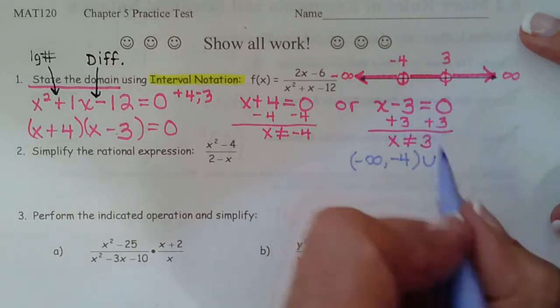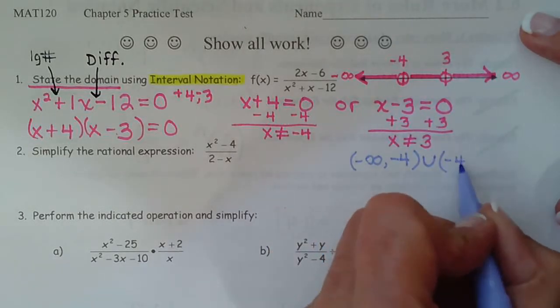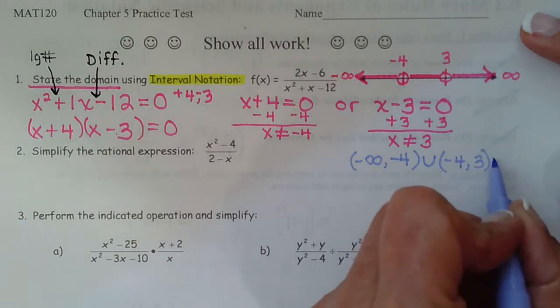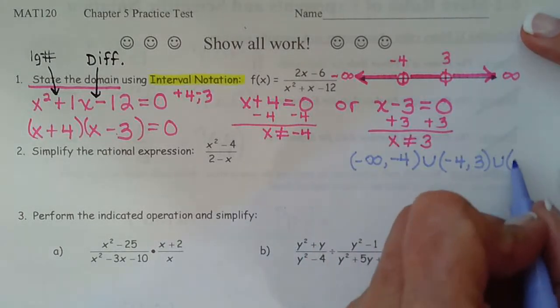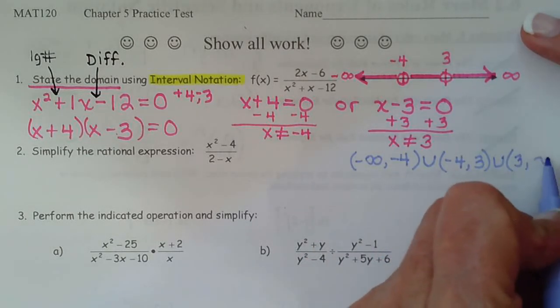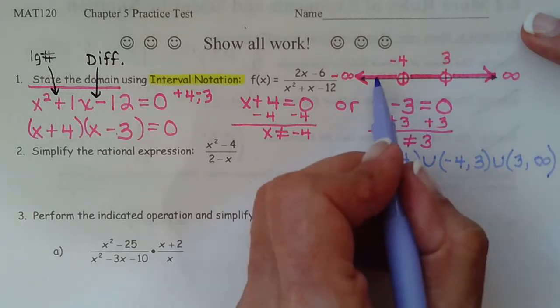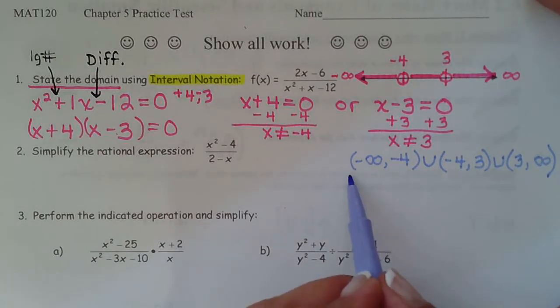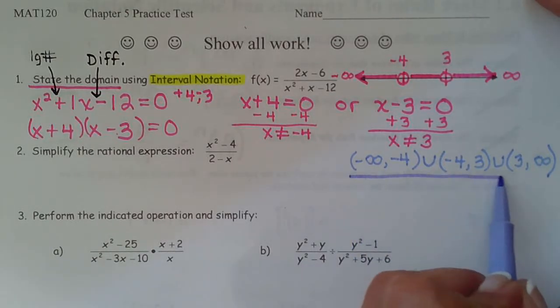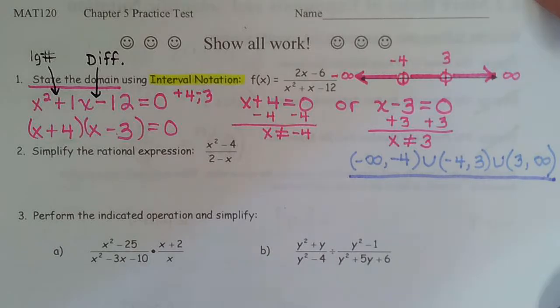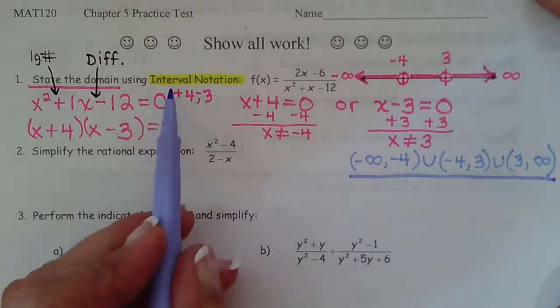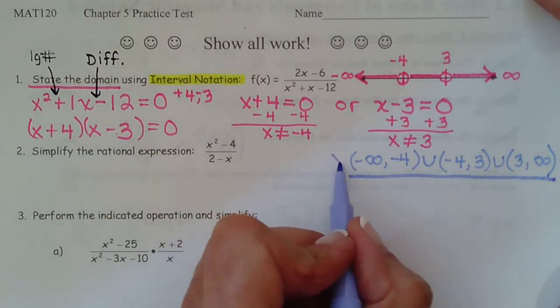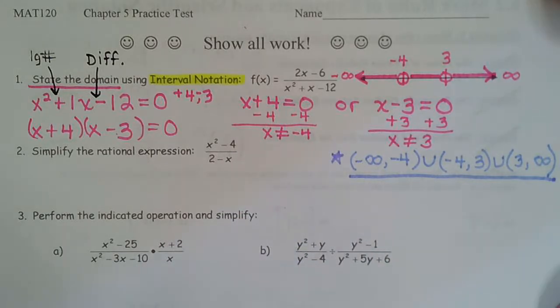United with this interval is negative 4 to 3. United with this interval is 3 to infinity. All parentheses because we cannot use those two values. They're excluded because they make the denominator 0. So that's the answer that we are looking for, because it said write your answer in interval notation.